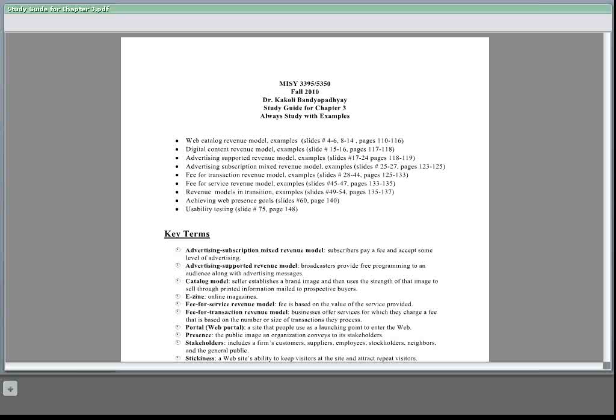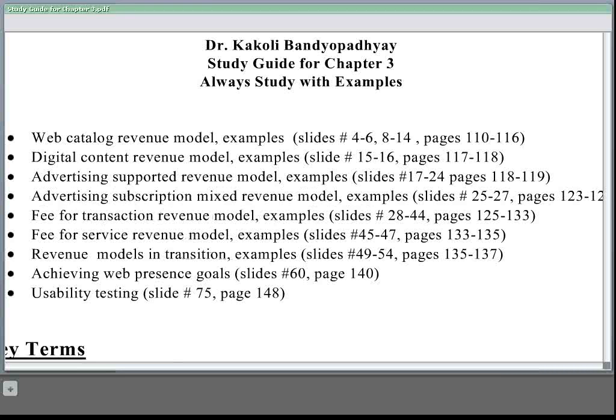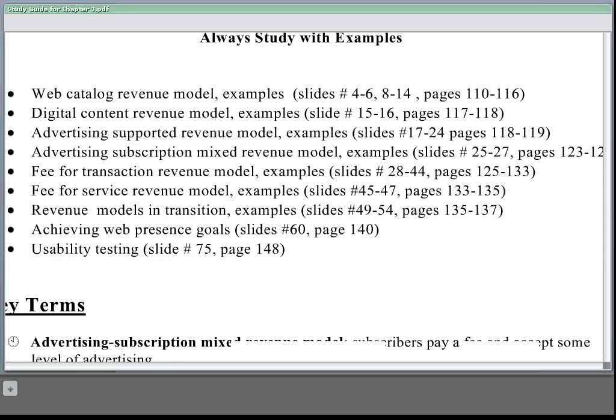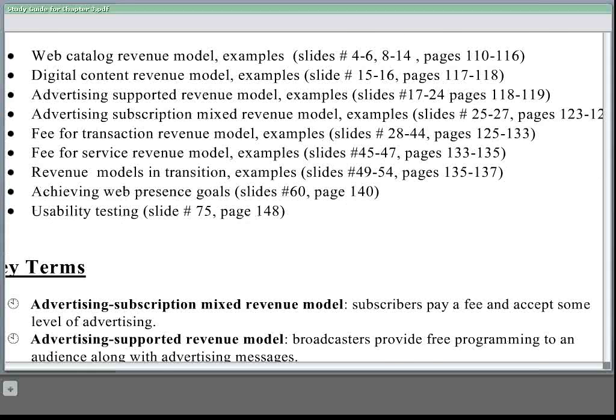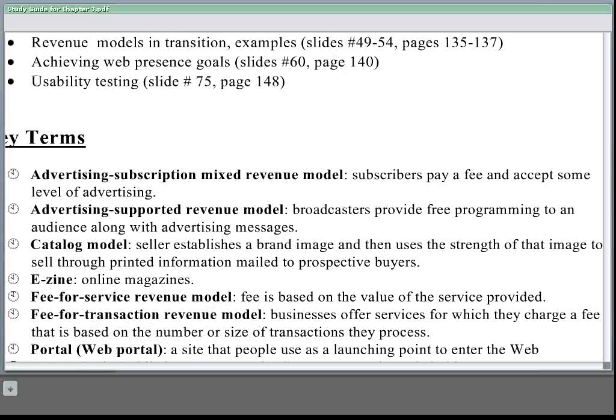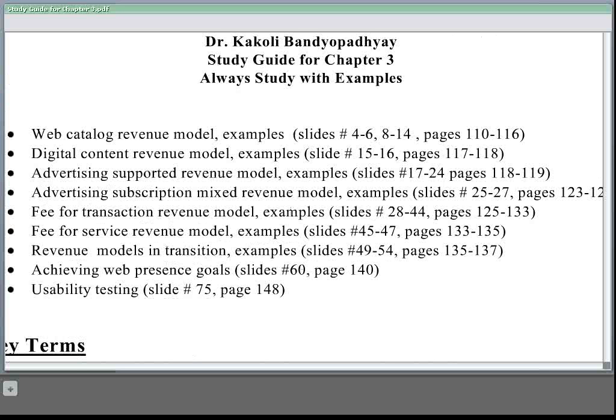The items that we need to study from chapter 3 are web catalog revenue models with examples, digital content revenue model with examples, advertising supported revenue model with examples, then advertising subscription mixed revenue model, fee for transaction revenue model, fee for service revenue model, revenue models in transition, achieving web presence goals, and usability testing. Okay, so these are the items we need to know from chapter 3.